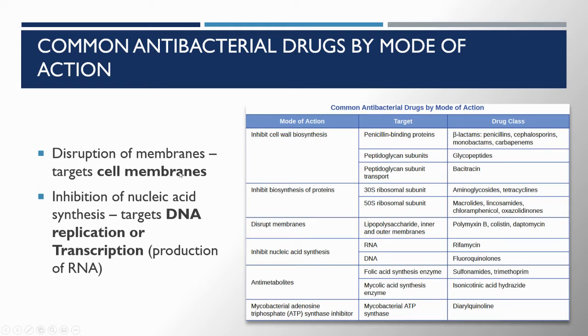What we can target? Well, we replicate our DNA and we transcribe our DNA into RNA. Luckily, even though we use similar enzymes, DNA polymerase and RNA polymerase, those polymerases are different for bacteria than they are for eukaryotes.